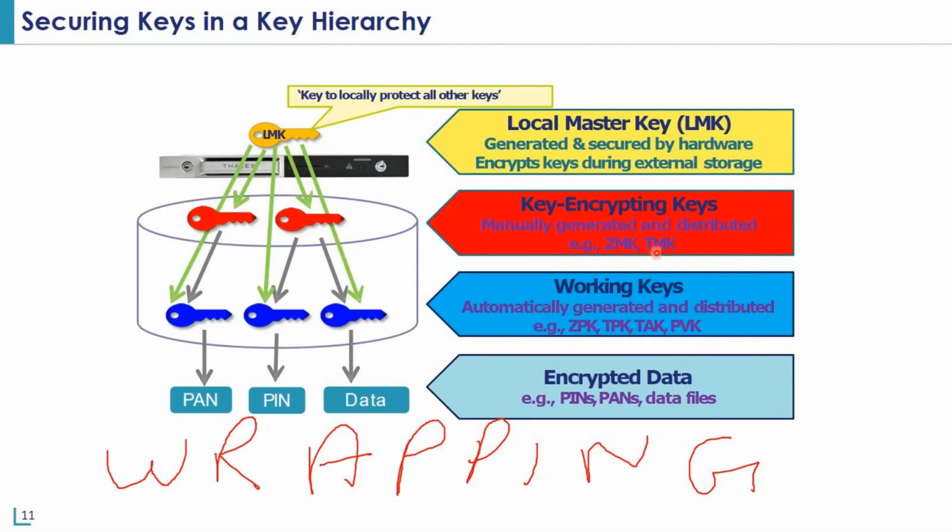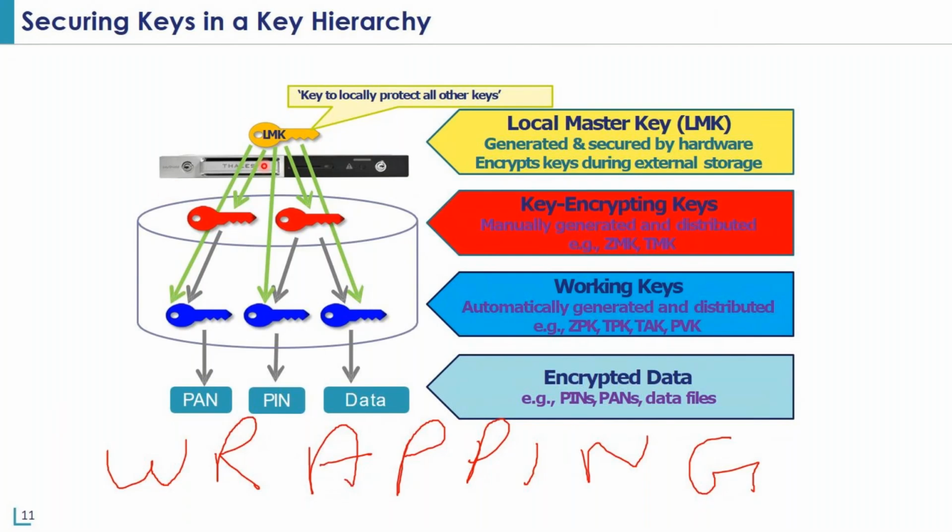I'm just going to name a few of them: LMK, local master key; ZMK, zone master key; TMK, terminal master key; ZPK, zone pin key; TPK, terminal pin key; TAK, terminal authentication key; PVK, pin verification key. So in the payment world, you have multiple keys involved.